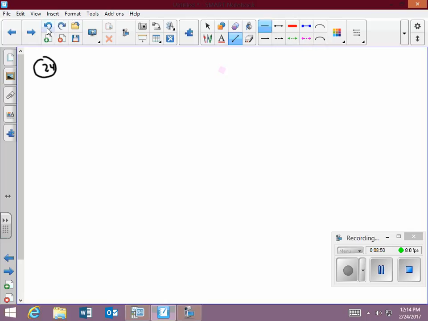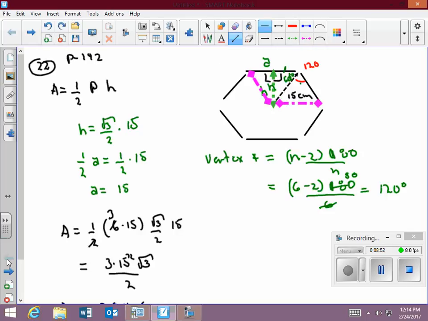Professor, before we go on, how did you come by the perimeter of that hexagon? I took the formula, it's this right here. Then I plugged in the 1/2. Then there's 6 sides, each of them 15 long, right? We found out that A was 15.